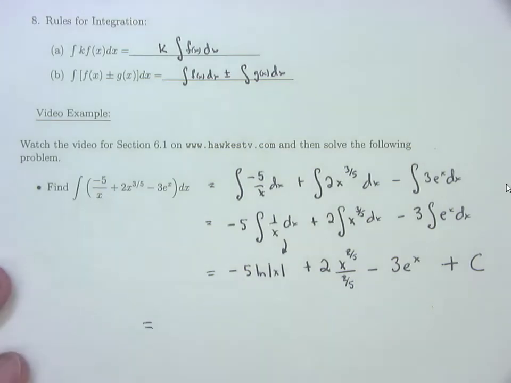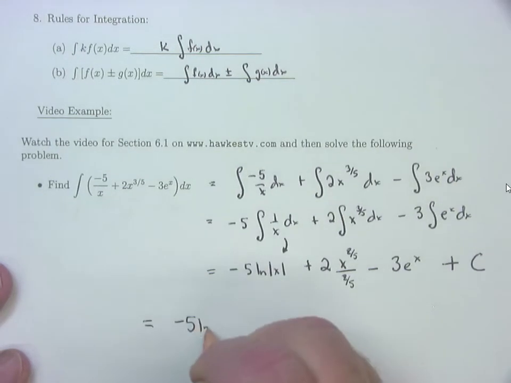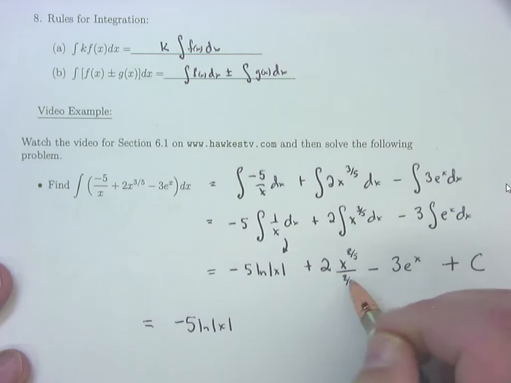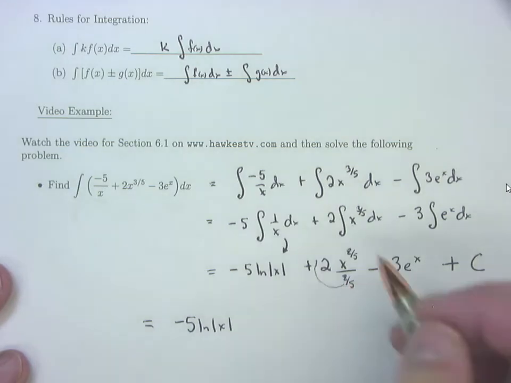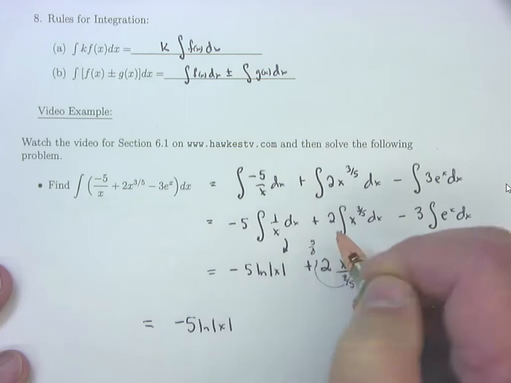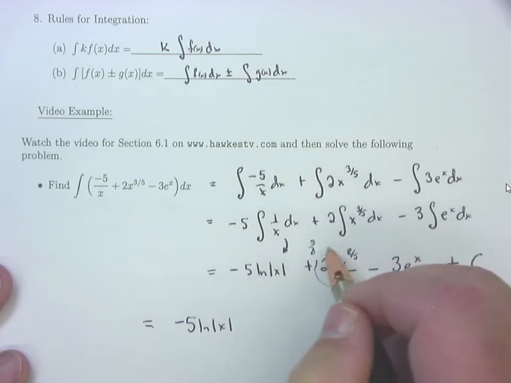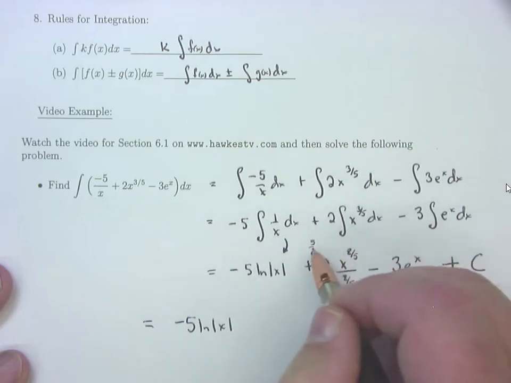So we like nice, cleaned up answers. So my answer on this problem is going to be -5 times the natural log absolute value of x. This one, when you divide by a fraction, what do you do? You invert and multiply. Multiply by the reciprocal. So this will actually flop up on top and become 5/8. And 2 times 5/8, well, 2 goes into 8 4 times.